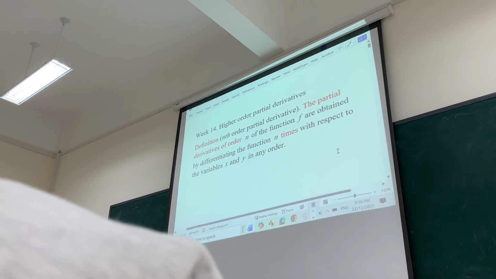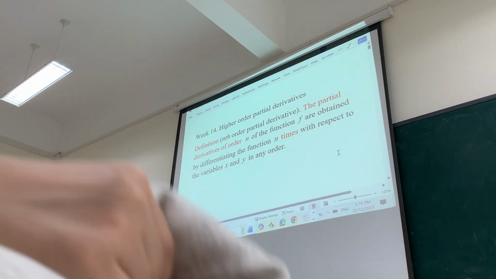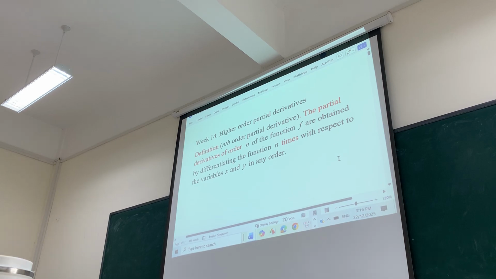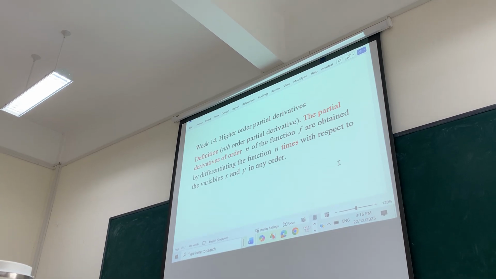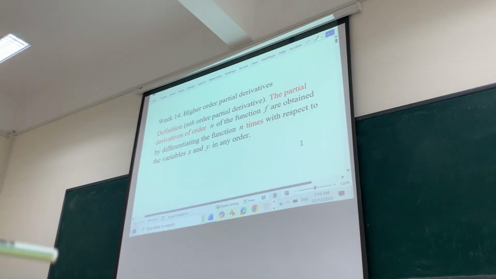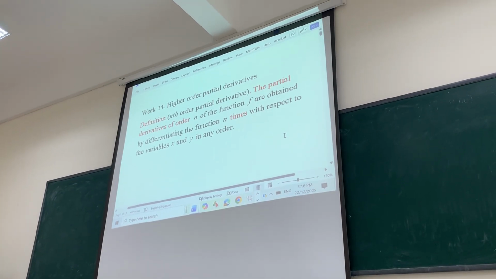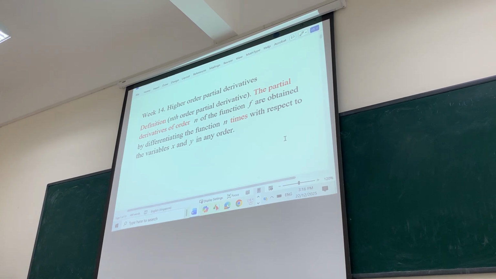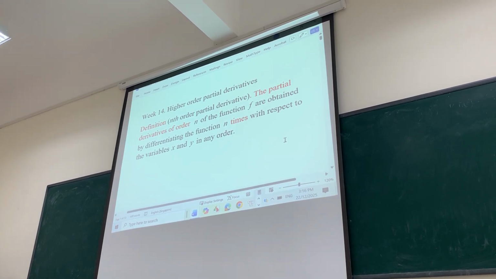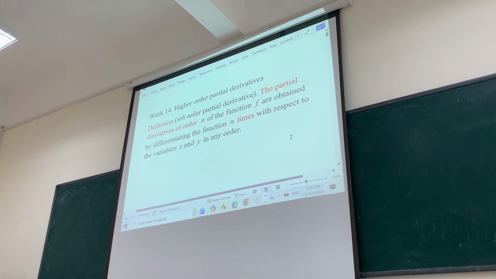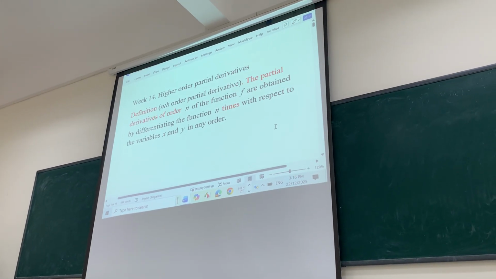That means when we differentiate the function with respect to variable x, even if we consider the partial derivative as a function, we continue to differentiate it. When we differentiate the function n times, we have the nth order partial derivative.